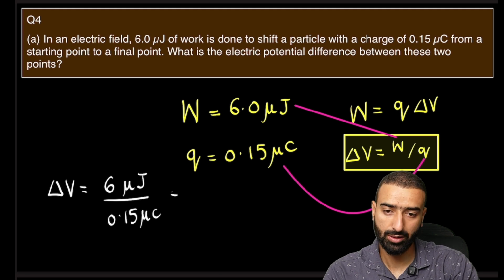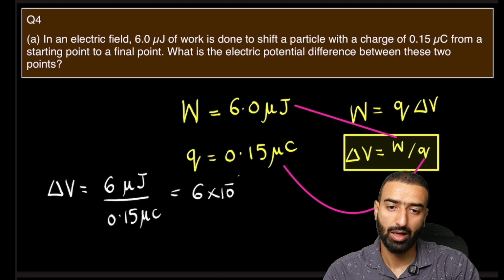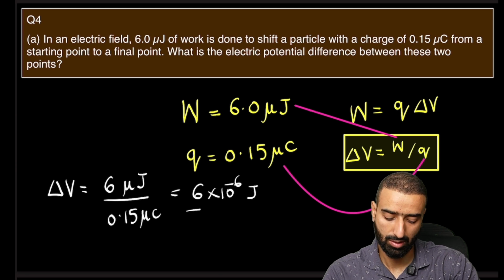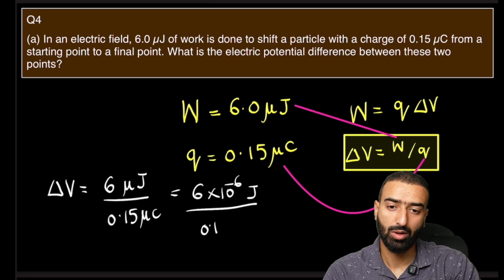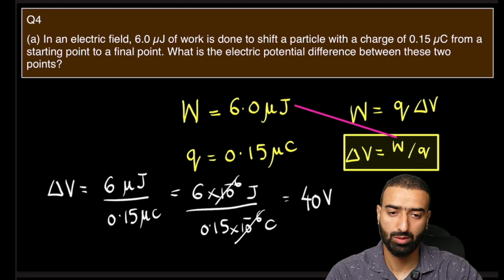We can write this as 6 times 10 to the minus 6 joules divided by 0.15 times 10 to the minus 6 coulombs. This cancels away, and this will turn out to be 40 volts. And that solves the first part of the problem.